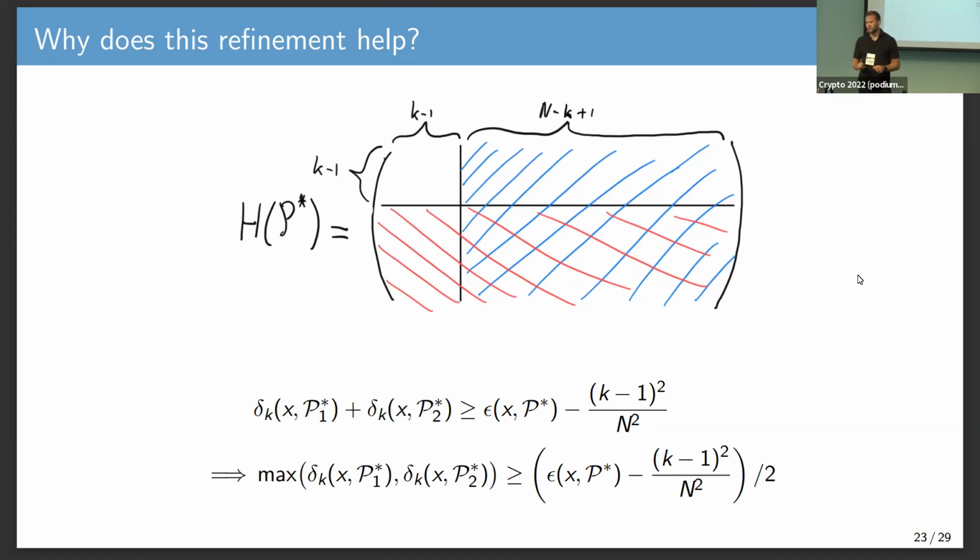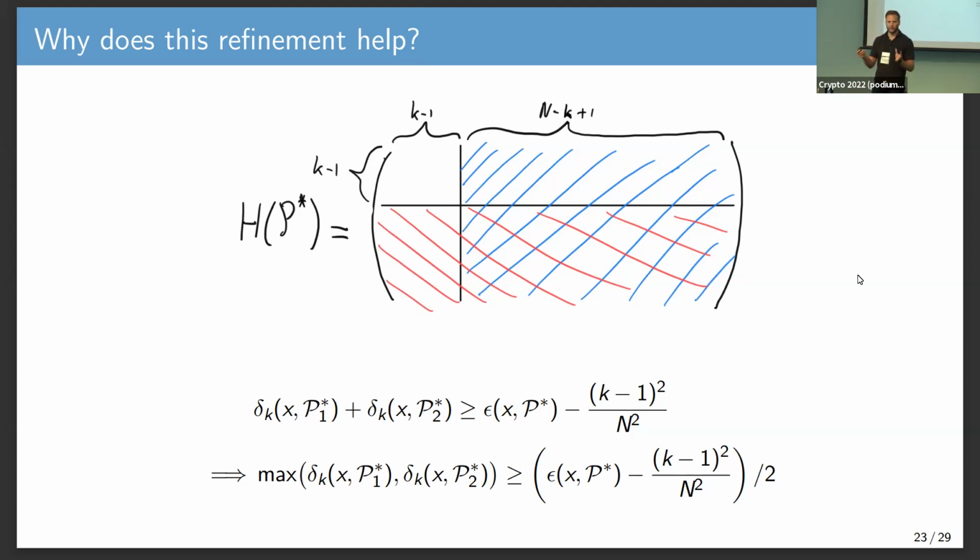And from that, it follows that at least one of the two delta values is larger than (epsilon minus (K minus 1) squared divided by n squared) over 2. And from this, you immediately get this parallel repetition result, showing that the parallel repetition has knowledge error (K minus 1) squared divided by n squared.